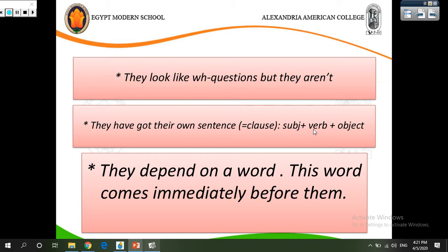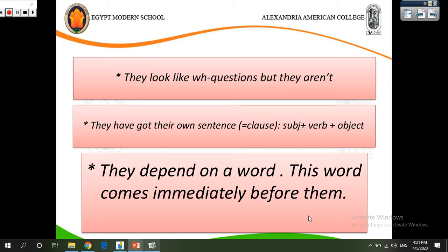Subject, verb, and objects. They depend on a word. These words come immediately before them, like the sentence that I told you. The man, who to ask about people, and who to talk about people. The man is a person. That's why we used who.